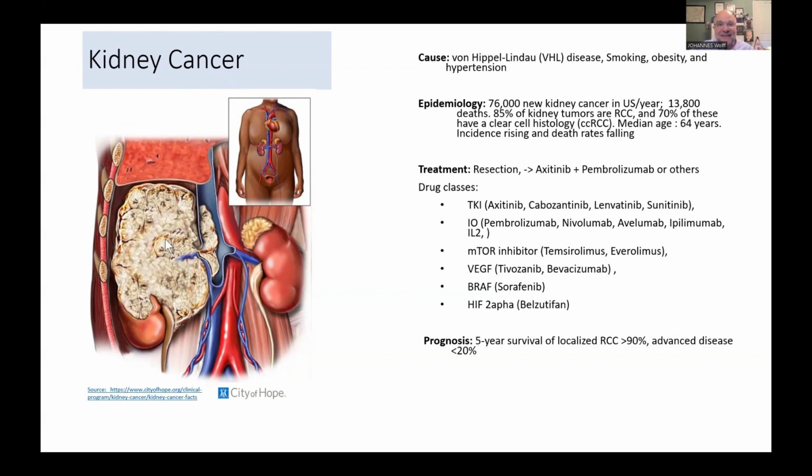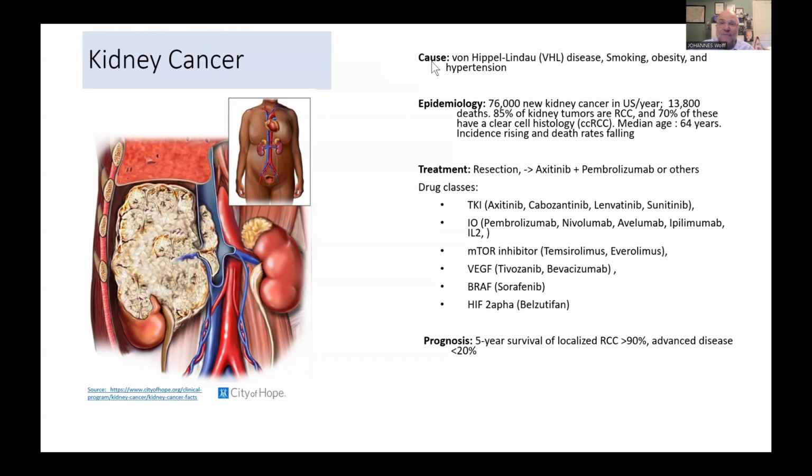Kidney cancers tend to grow into the vein. This is the inferior vena cava. And if the kidney cancer is that large, then it is really hard to treat. It is advanced disease. It continues to metastasize, and it can metastasize pretty much everywhere: lung, liver, brain, lymph nodes can metastasize all of these places.